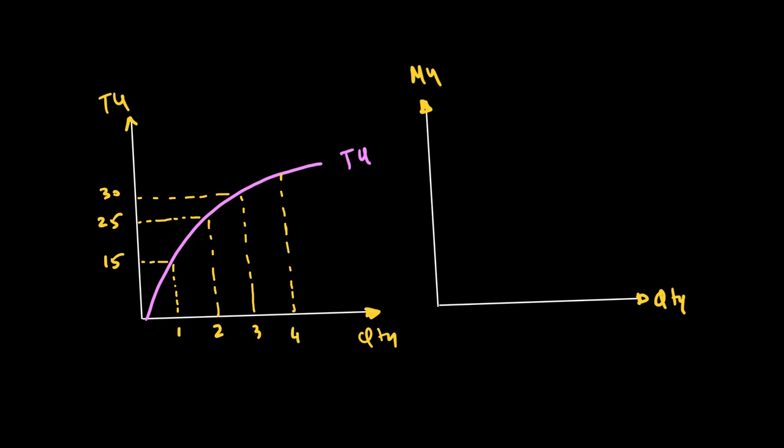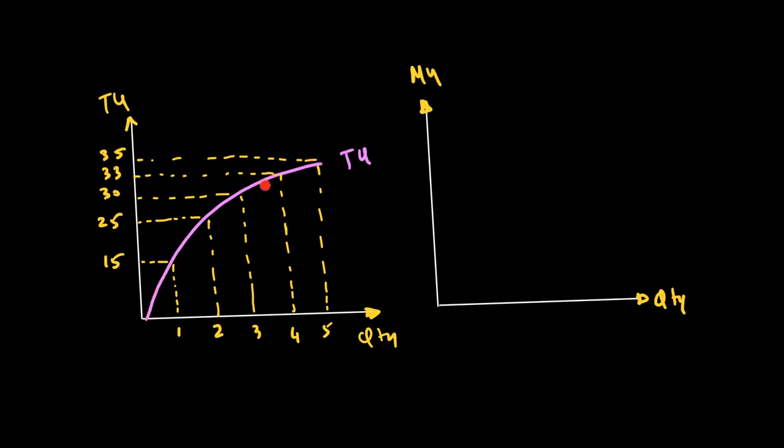For the fourth cup, let's say the total satisfaction goes to 33. And for the last cup that I consume during my day, my total satisfaction rises, but very little, to, let's say, 35.